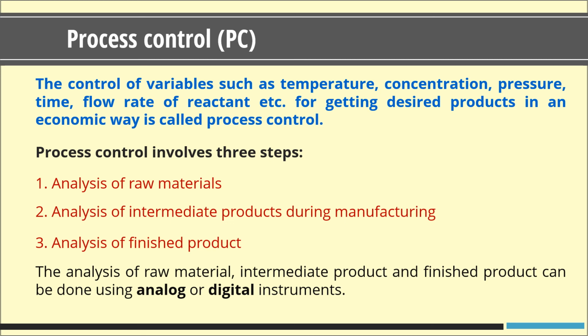So that is the analog. And digital instruments means we directly see the digits: what is the concentration, what is the pH, what is the temperature, we can see directly on the instrument. So that is called the digital instrument.